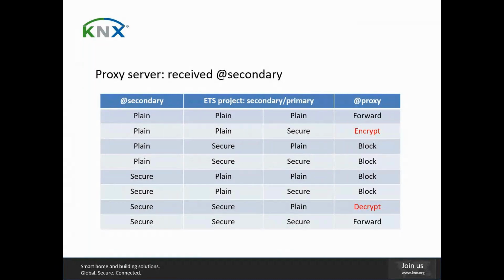And there are two objects that share the same group address. Then, of course, both these devices, the push button and the switch actuator, need to know the group key for that group address.